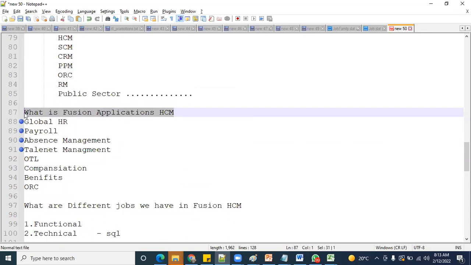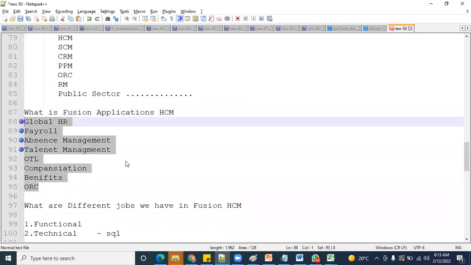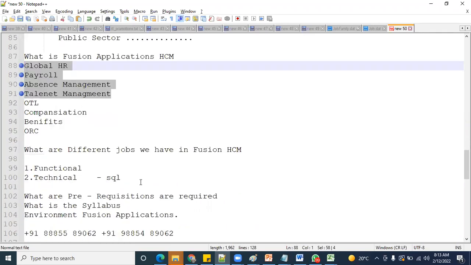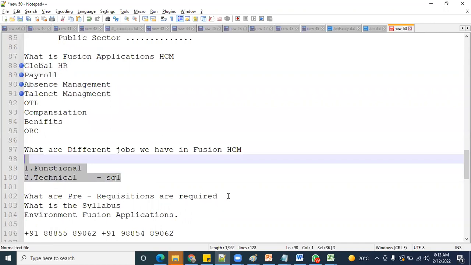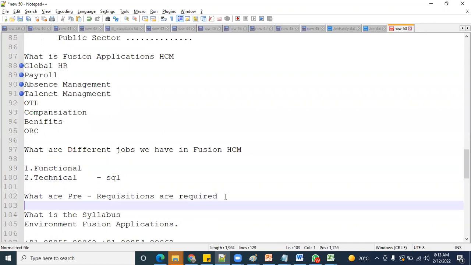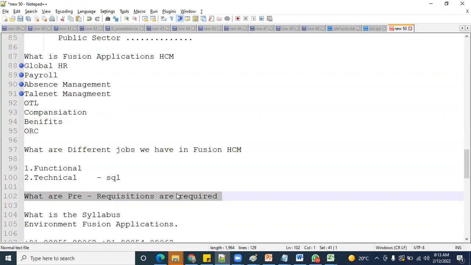We are learning Fusion HCM. And what are the modules we have in total and what modules we are going to learn, what are different jobs we have here and what prerequisites are required, we have discussed, right? So this is about the applications HCM part. Someone is asking the question, is Fusion nothing but a cloud?